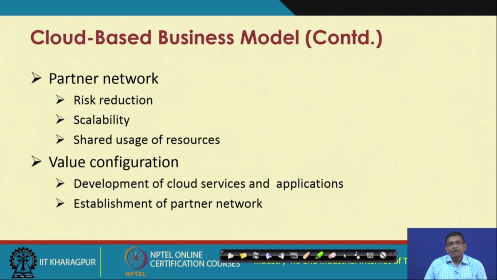Value configuration is very important. Value configuration with respect to the development of cloud services and the different applications, and the value behind this kind of offering, this is very important, and the establishment of the partner network is also very important.